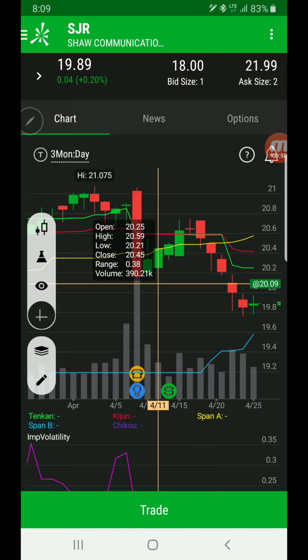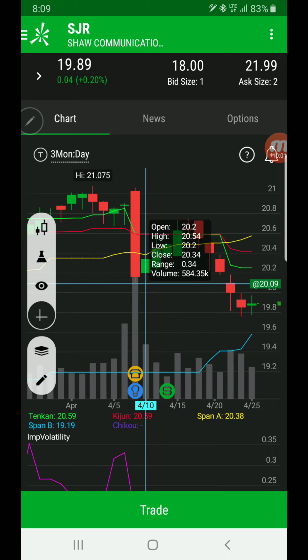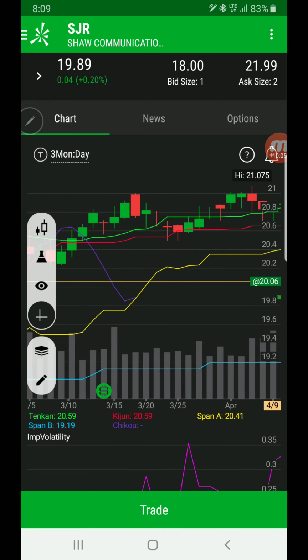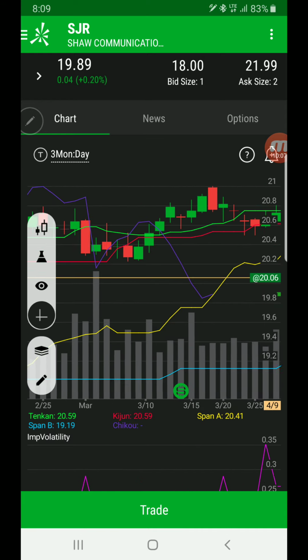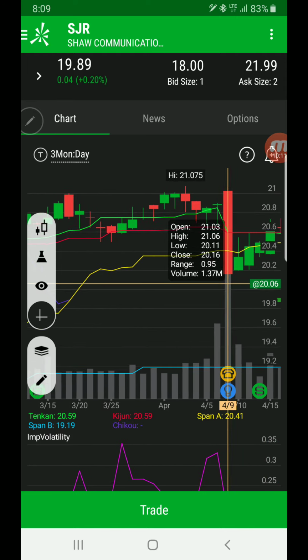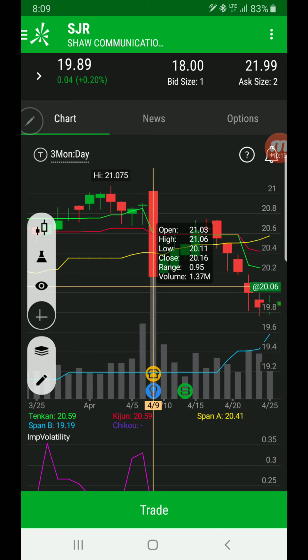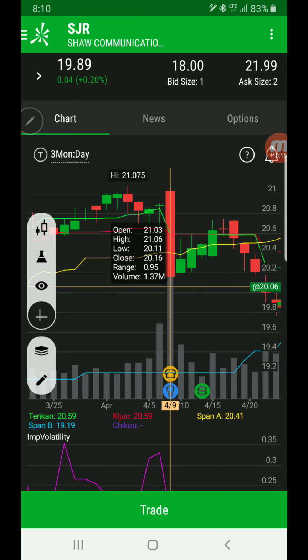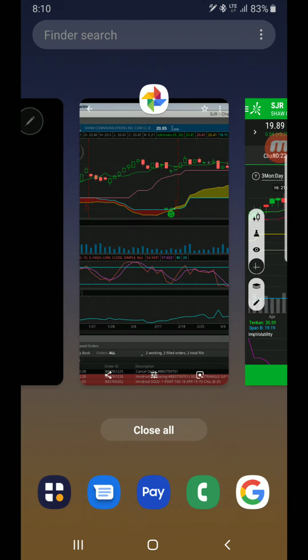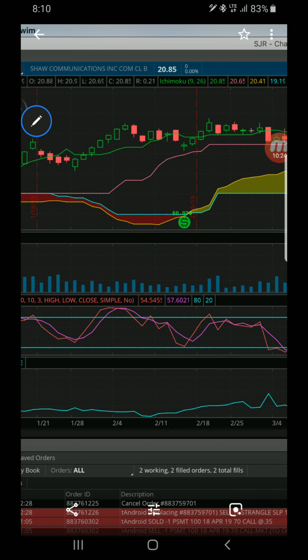No, it didn't. So April 8th was around here. Ichimoku is trading below. They missed earnings, and it has continued to fall. So that was a bad read by the Ichimoku ahead of earnings.